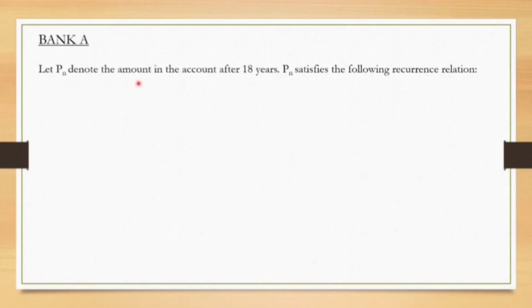So let Pn denote the amount in the account after n years, where Pn satisfies this recurrence relation: Pn is equal to Pn-1 plus 0.11 times Pn-1, which equals 1.11 times Pn-1. And our initial value is 2000. We will be using forward substitution to get its pattern.